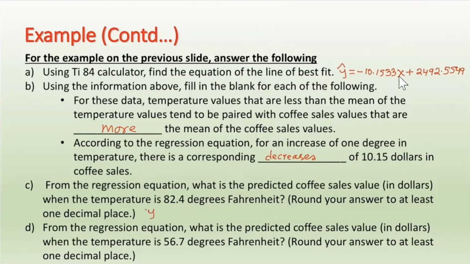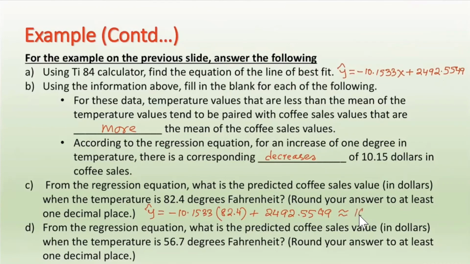Y hat is equal to negative 10.1533, plugging in 82.4 in place of X, plus 2492.5549. We are going to type this in the calculator. You can also type that in your calculator and check it. Make sure you plug in and check.